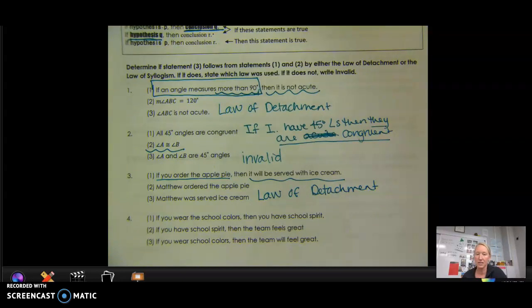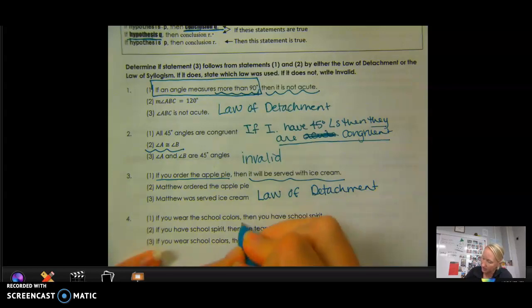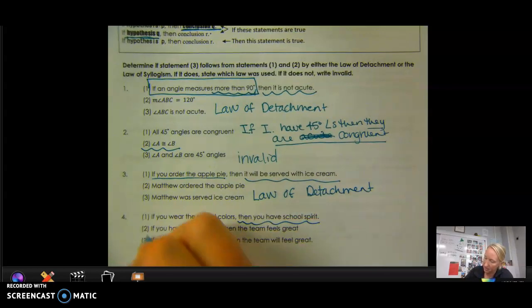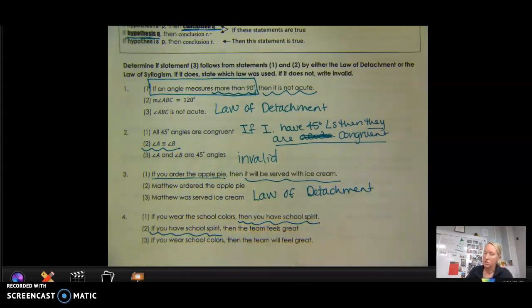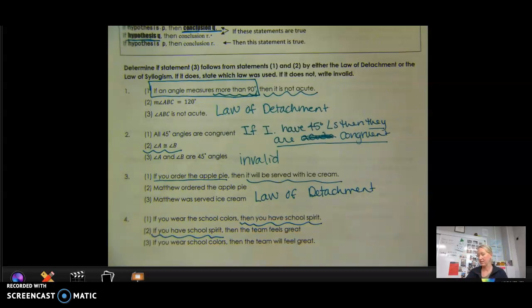If you have school spirit, then the team feels great. Notice here, your then statement became your if statement. So you are going to sandwich this together and take out the part that they share. So if you wear school colors, then the team feels great. This would be true by the law of syllogism.